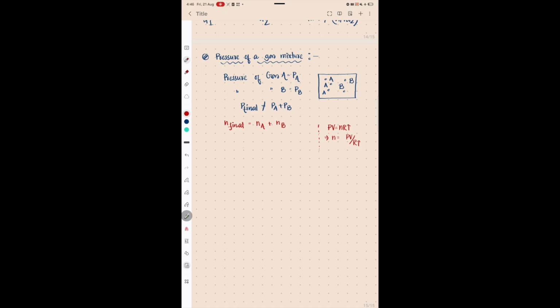So in final, what can you write? n final is equal to PA VA upon RT, considering they are at the same temperature, plus PB VB upon RT.